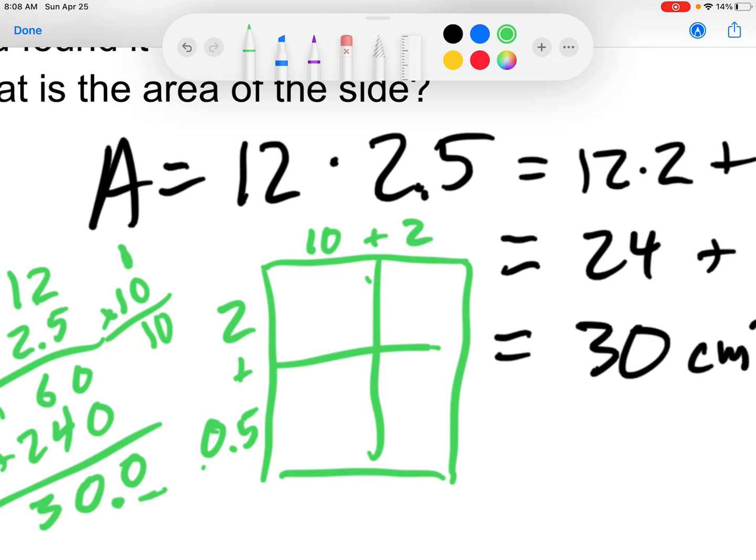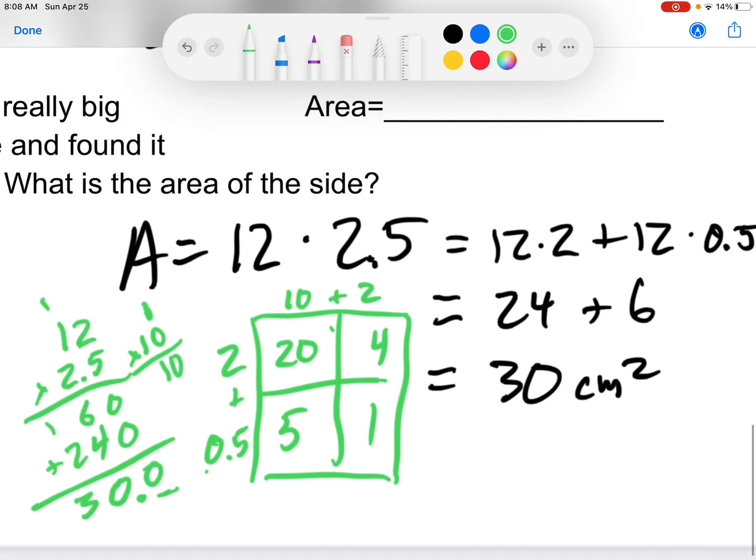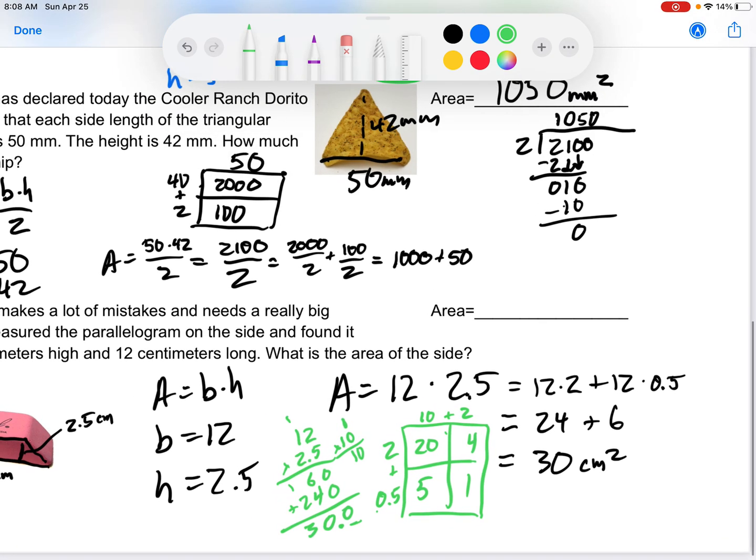And so we could just fill in all those places. 2 times 10 is 20. 2 times 2 is 4. 10 times 0.5, what's half of 10? That's 5. And then 2 times 0.5 is 1, because half of 2 is 1. 20 plus 4 plus 5 plus 1 is also 30. Okay, so our grand total is 30, and I showed how to multiply that 3 different ways.